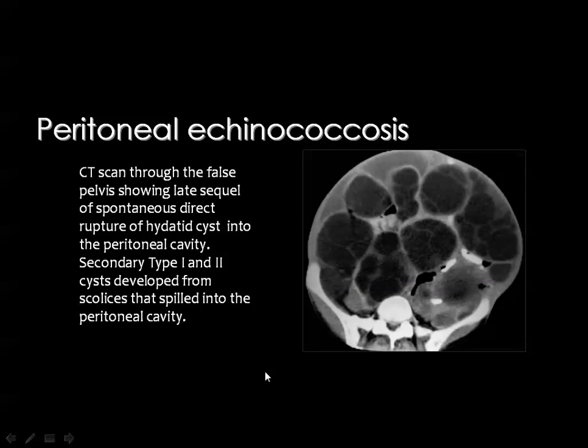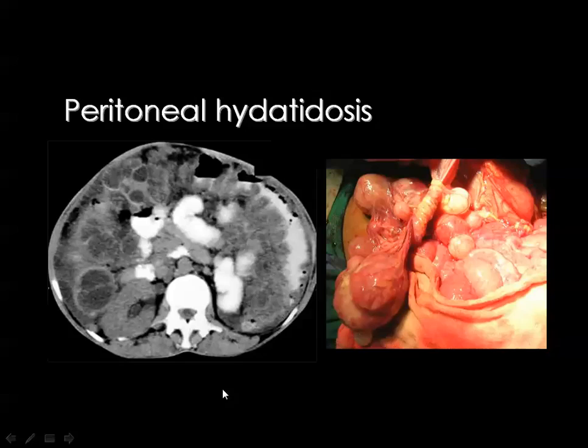This is a case of peritoneal echinococcoses, and you see too many cystic lesions with some internal daughter cysts and a small cyst in between, representing multiple hydatid disease. This is also peritoneal hydatidosis, and you see too many hydatid cysts in the peritoneal cavity.